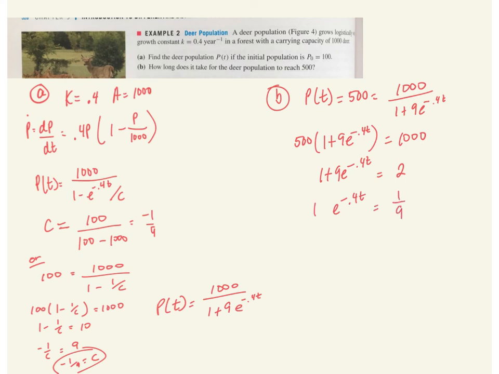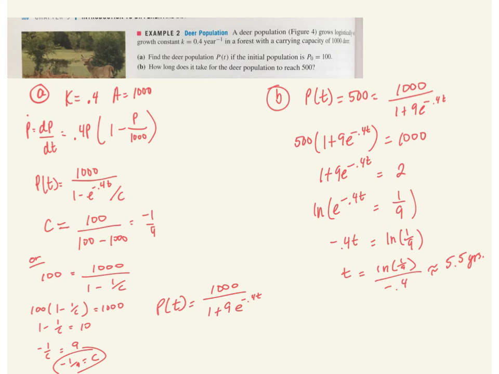So if I apply the ln at this point, we'll have negative 0.4t equals ln of 1/9, which will come out to be negative because it's a fraction there. And I divide that by negative 0.4. Certainly go to your calculator, and that would be approximately 5.5 years.